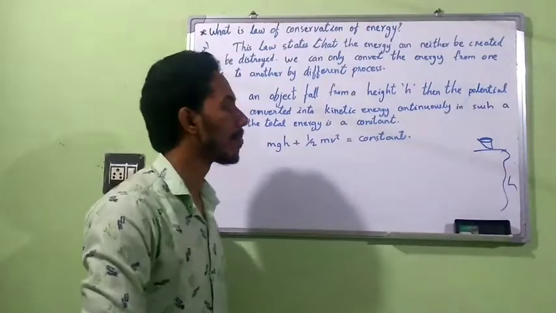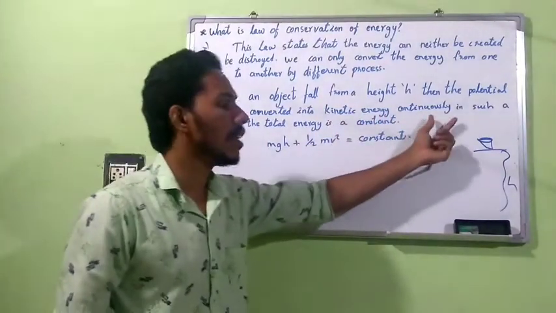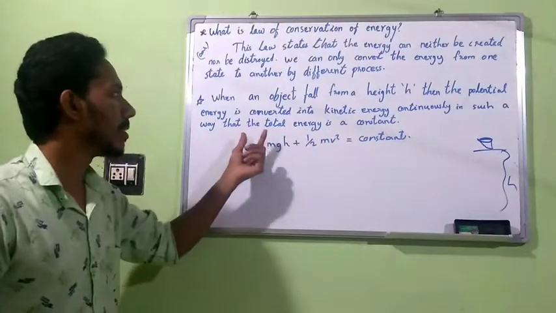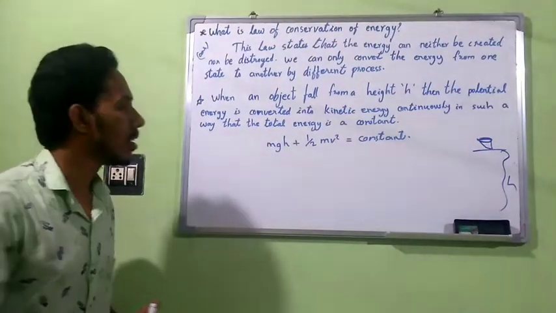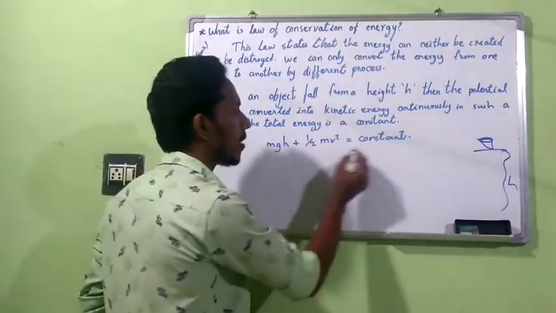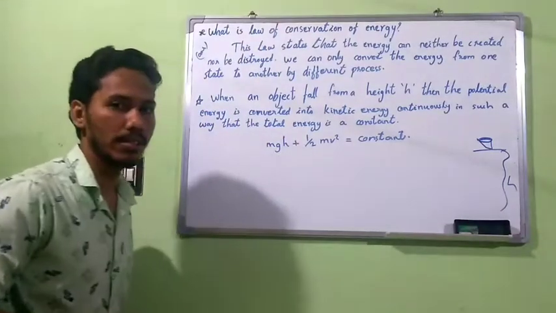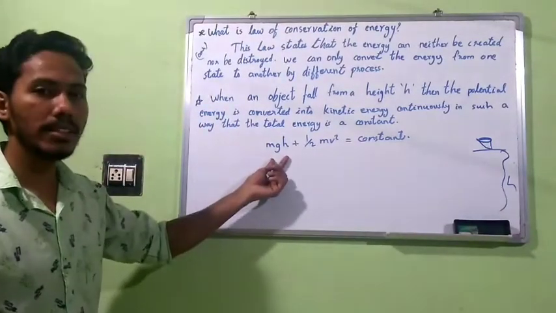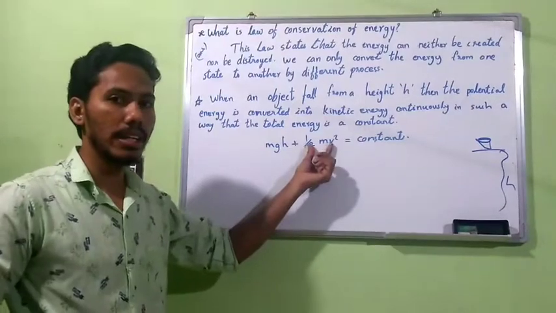The kinetic energy increases continuously in such a way that the total energy is constant. The total energy, mgh plus half mv square, should be a constant. So when potential energy decreases, kinetic energy increases.